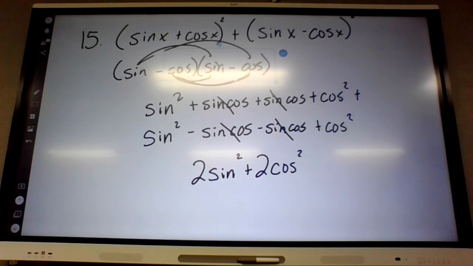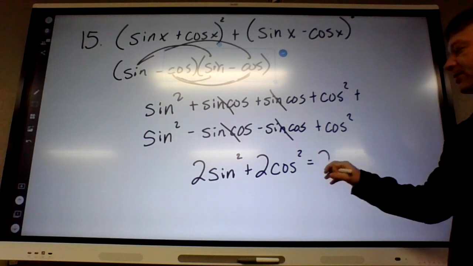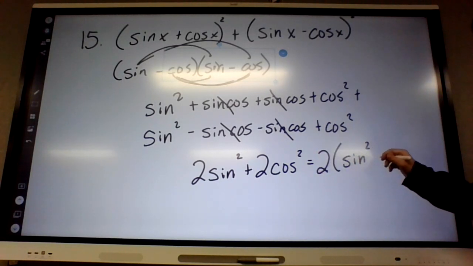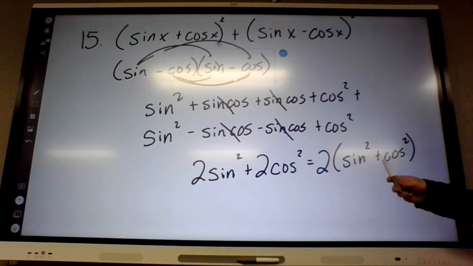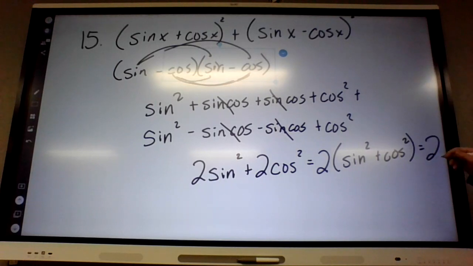There's a couple ways you could think about it. If I took a 2 out, remember factoring, it would be sine squared plus cosine squared. Sine squared plus cosine squared is equal to 1, times 2. It is 2.